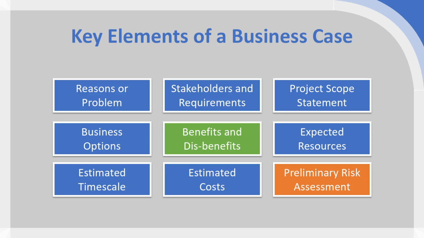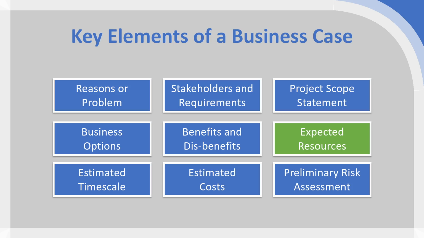Right, so as well as the benefits and disbenefits of your recommended option or your recommended solution, you also want to identify what your expected resources are. So the next three very much go together. You would identify whether your project is going to take 5 employees or maybe 3 employees, and if it's going to take any other units of resource that you have within your organization.